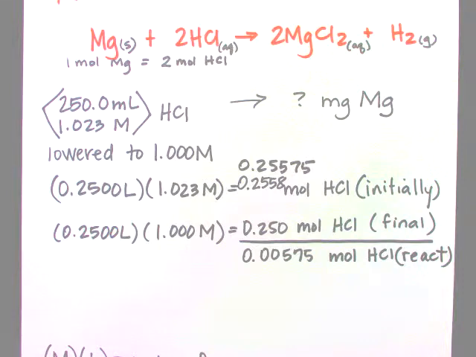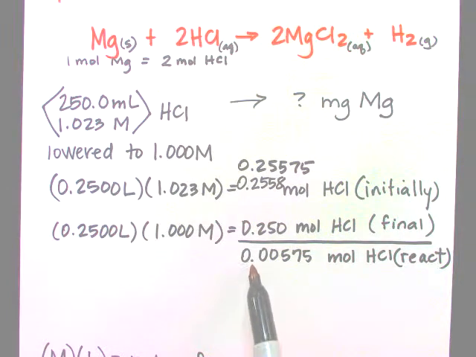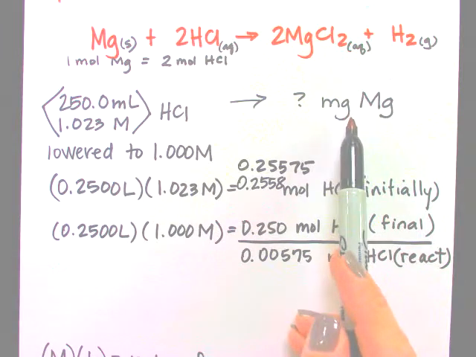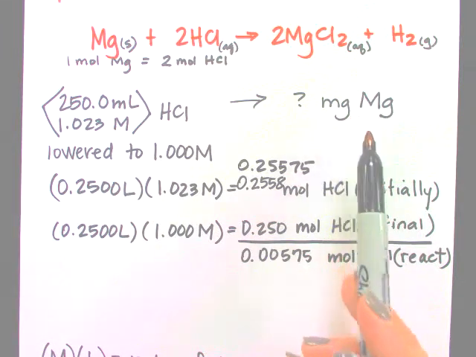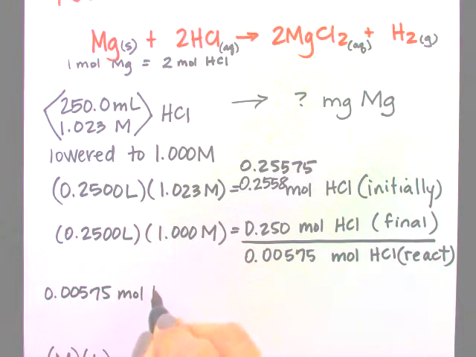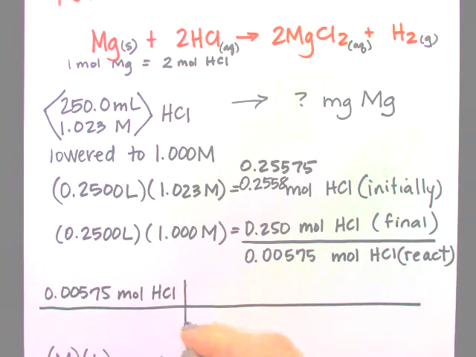So that's really the starting point for my stoichiometry calculation. If I react this much HCl with magnesium, how many milligrams of magnesium are required? So I'll start with that as if it were maybe the given information for a straight stoichiometry problem.